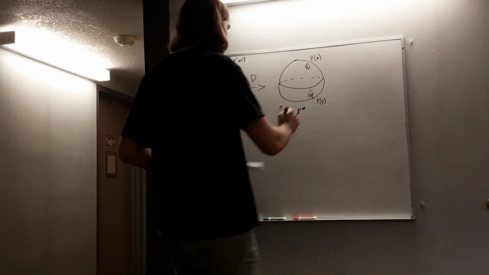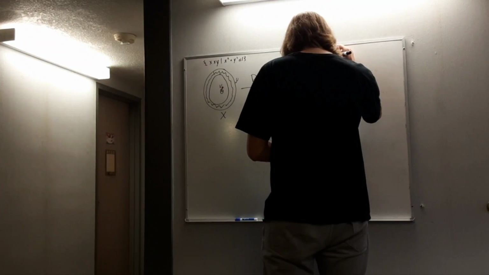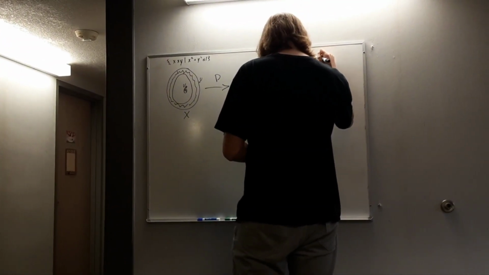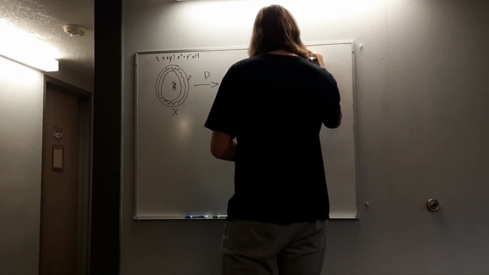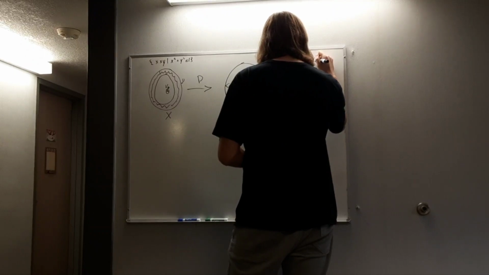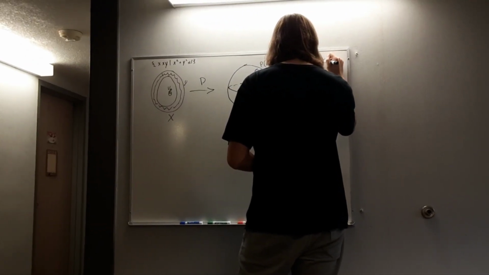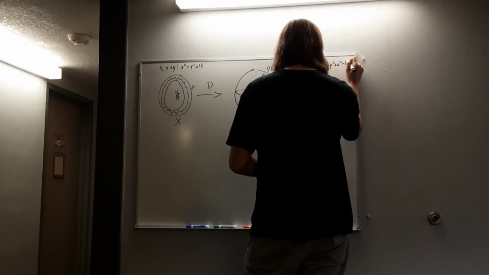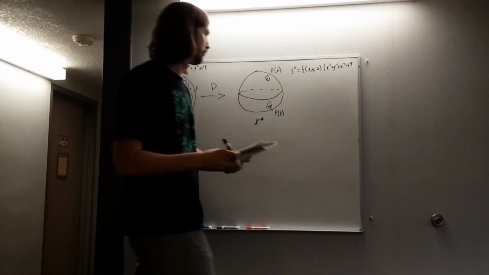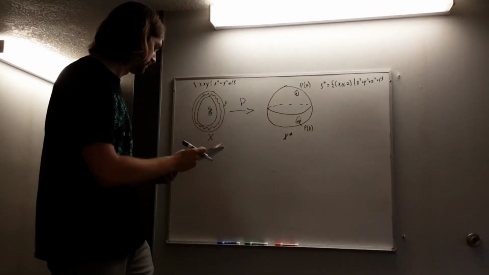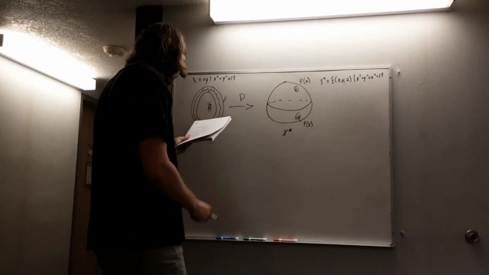Oh, and then we can also define the sphere as just the basic sphere where x squared plus y squared plus z squared equals 1, which defines what this is.